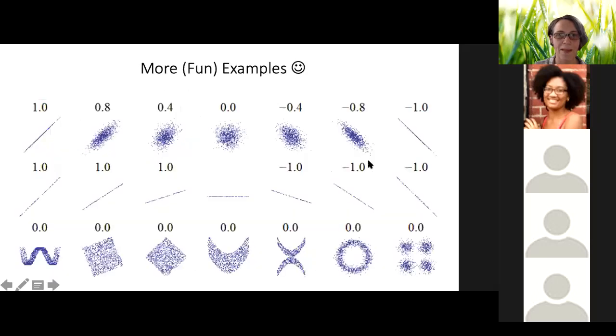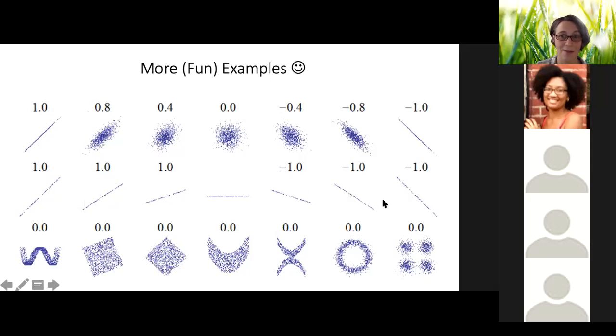Okay, so these are more examples of possible relationships between two variables with the corresponding correlation scores. Here we have our straight line, so 1, a strong positive association. You can see the slope has absolutely nothing to do with the strength of the relationship.